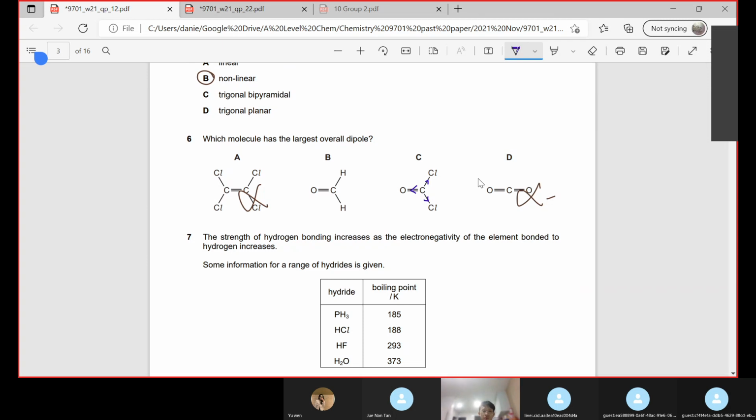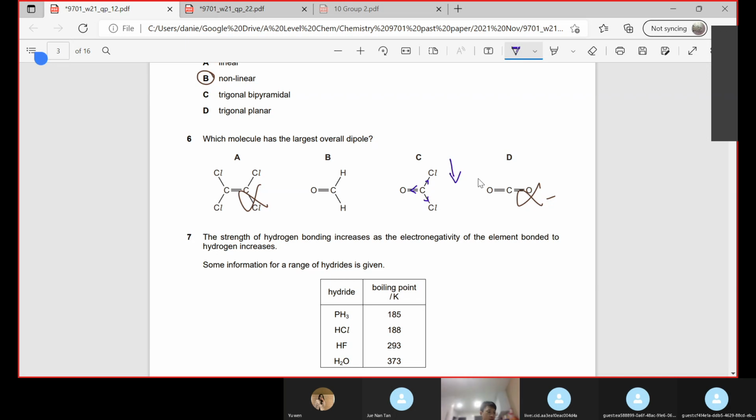From here you can see the arrows are not converging, they are diverging, meaning they are spreading out. Every direction they are pulling outwards from the carbon atom. As a result, this one will have a low overall dipole.